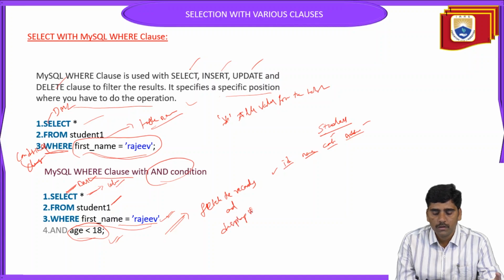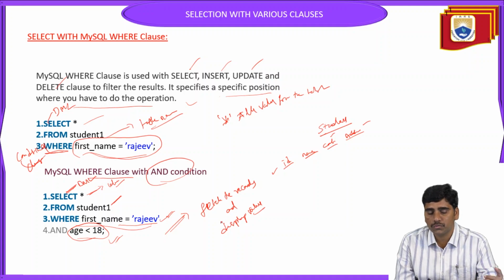So this is to filter the records in the table, and it displays the result as per the condition you provided.